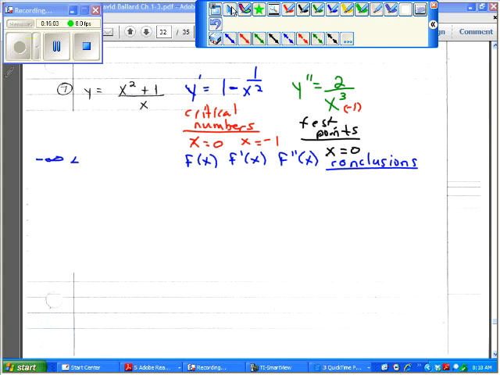So we're going to have from -infinity to -1, and then we're going to have x is -1, and then we're going to have from -1 to 0, and then we're going to have x is 0, and then we're going to have from 0 to positive infinity. Now we've got it correct. Left out a critical number there.